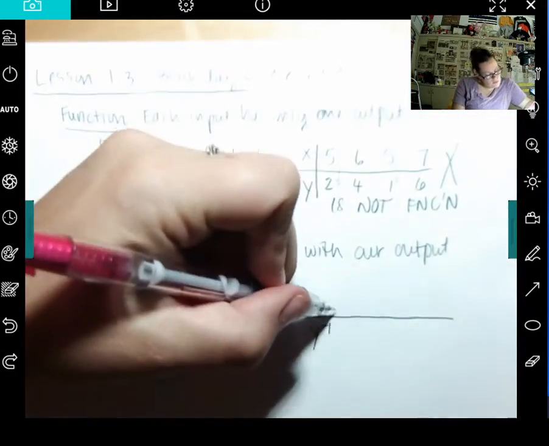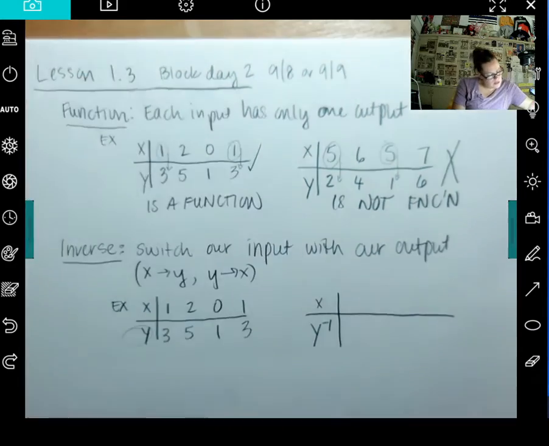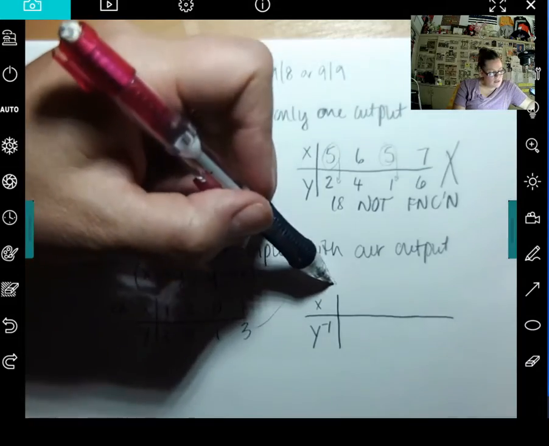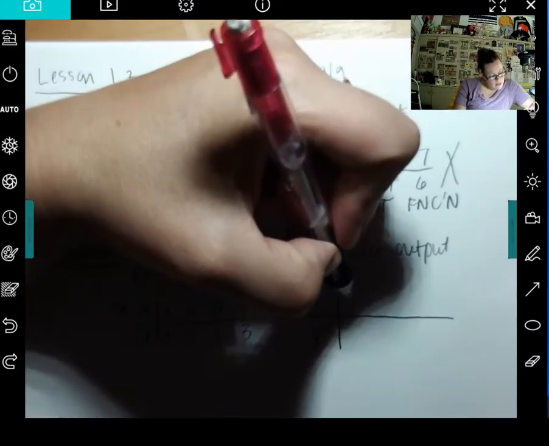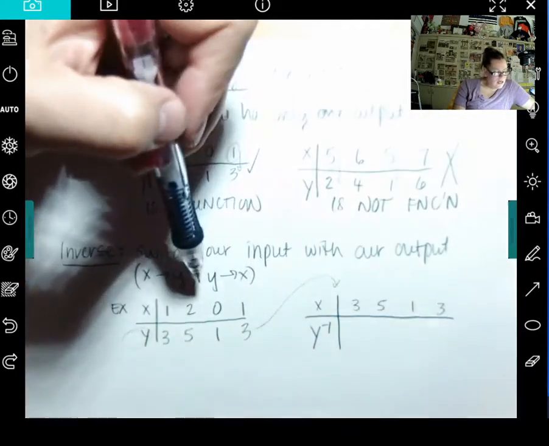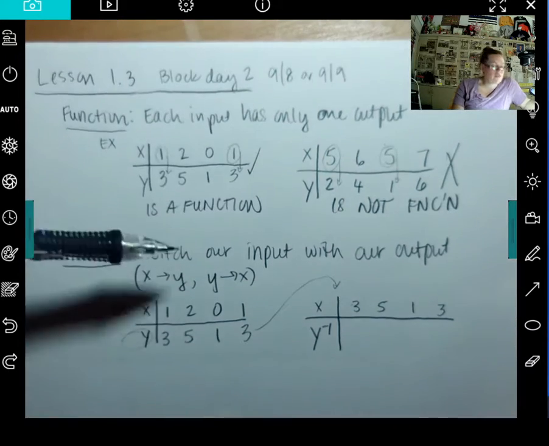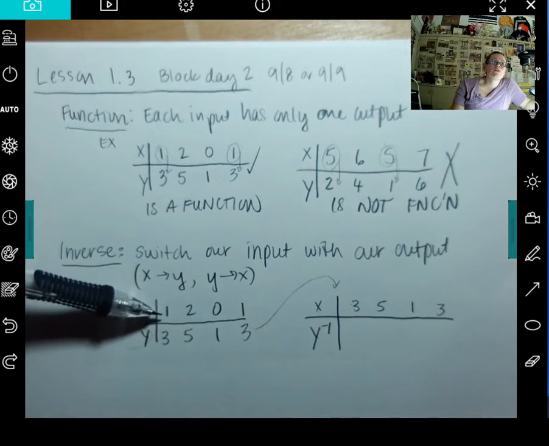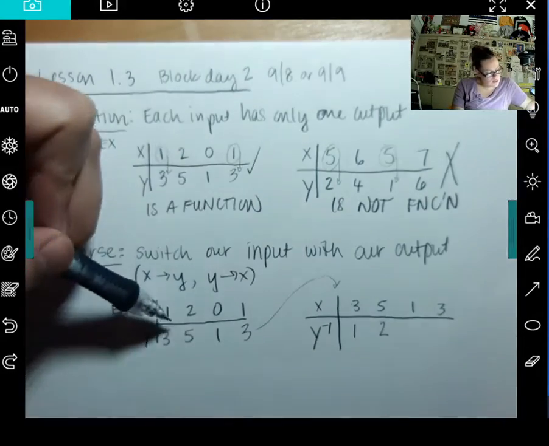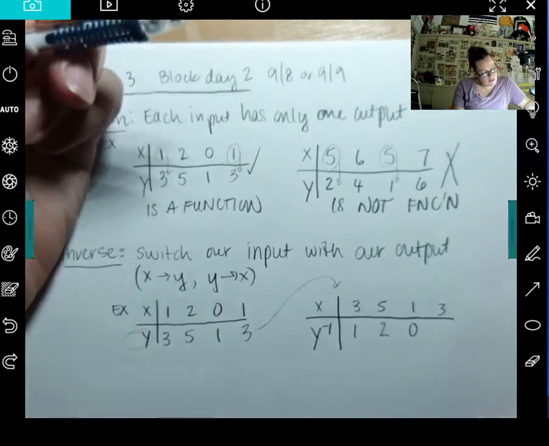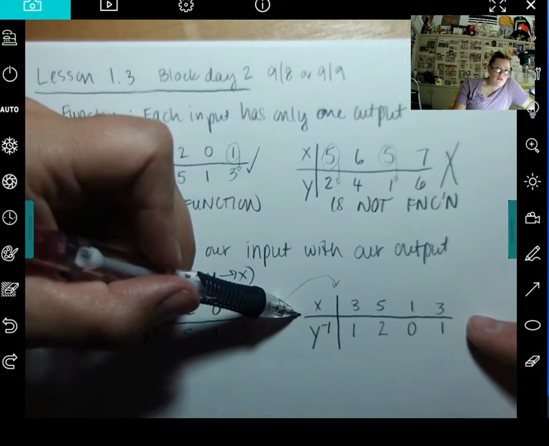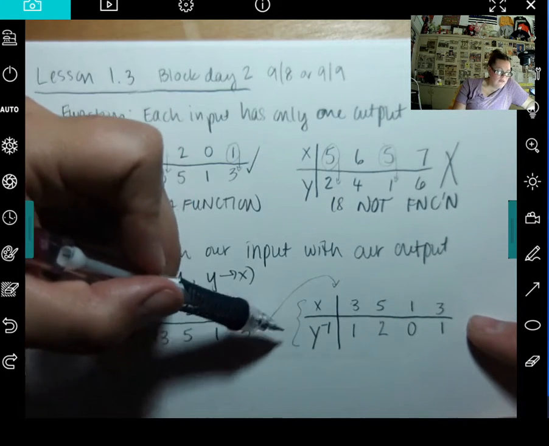The values that we would plug in, we're just going to take this y row and insert it up here: 3, 5, 1, 3. And now you just write the corresponding x values. So this 3 has a 1, the 5 has a 2, the 1 had a 0, and the 3 had a 1. So now we have this as our new inverse function.